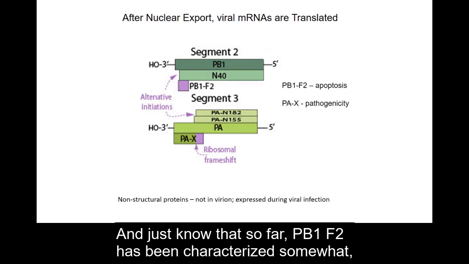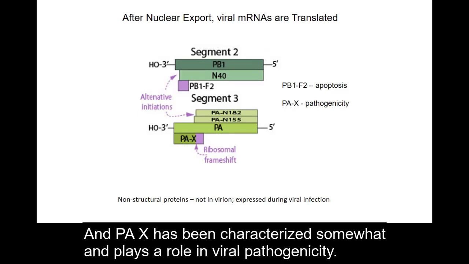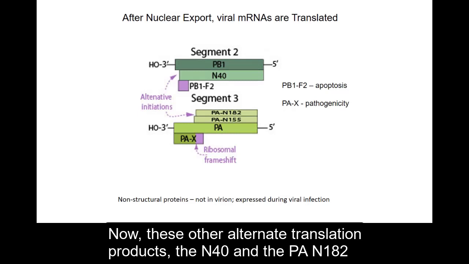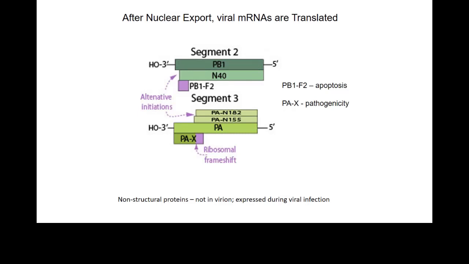And just know that so far, PB1-F2 has been characterized somewhat and plays a role in cellular apoptosis. And PA-X has been characterized somewhat and plays a role in viral pathogenicity. Now, these other alternate translation products, the N40 and the PA-N182 and N155, are not well understood yet.